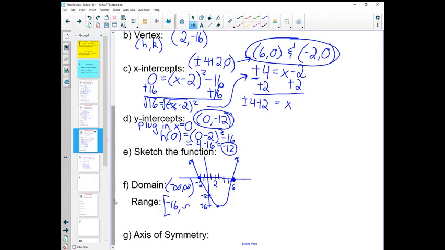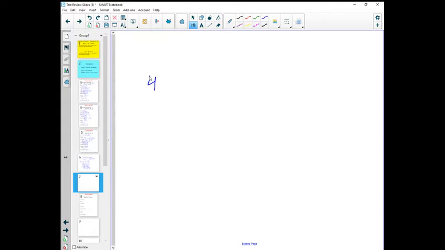The highest point is positive infinity because it goes up from there. The last piece we need is the axis of symmetry, which is x = h. So x = 2.